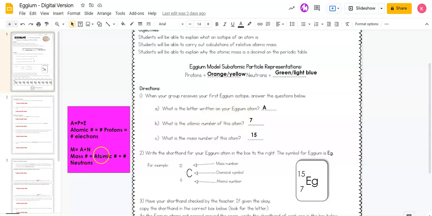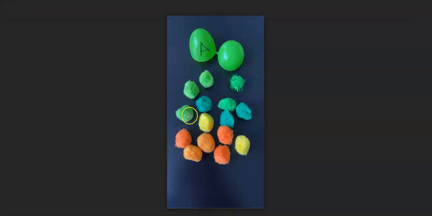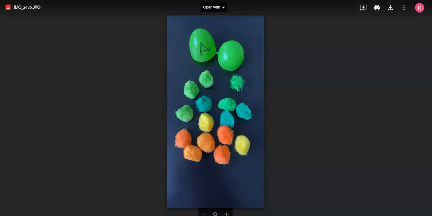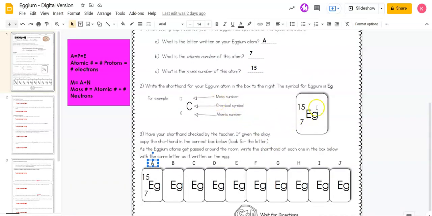So we know our atomic number is 7, and then our number of neutrons in this case, which is these green ones, is 1, 2, 3, 4, 5, 6, 7, 8. Okay, so 7 plus 8 is what gives me 15. And so my symbol then is Eg, which stands for Eggium. The mass number, which is the biggest number, goes on the top, which is 15, and then my atomic number, which is 7, goes on the bottom.